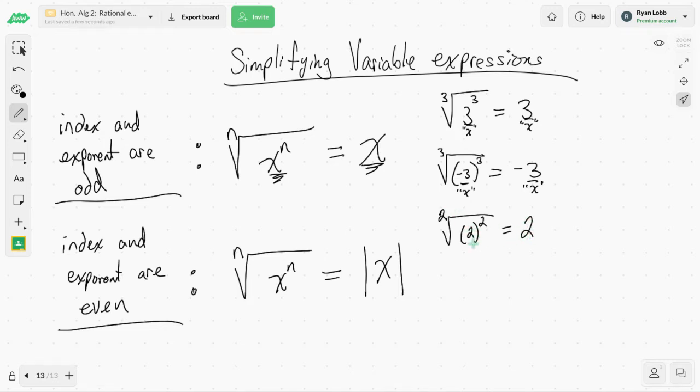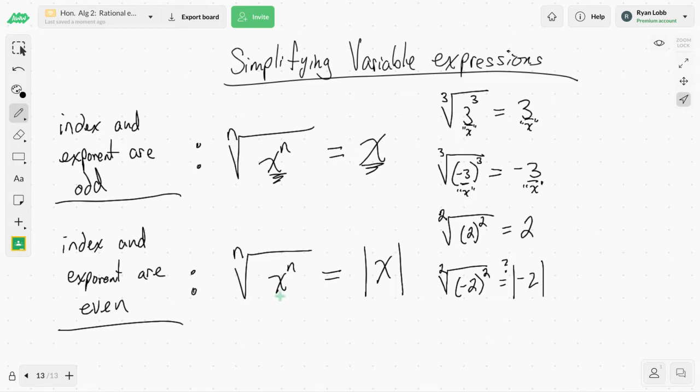You go, isn't that just equal to x? Well, the problem comes in when it's negative 2 squared. If I thought it was just going to be whatever I'm squaring, negative 2, look what happens. Negative 2 squared is 4. The square root of 4 is 2, which is not equal to negative 2. That's why we're going to need the absolute value. That is now true.